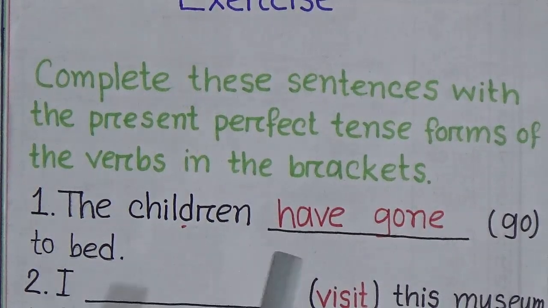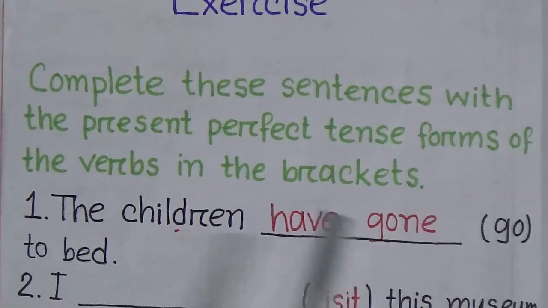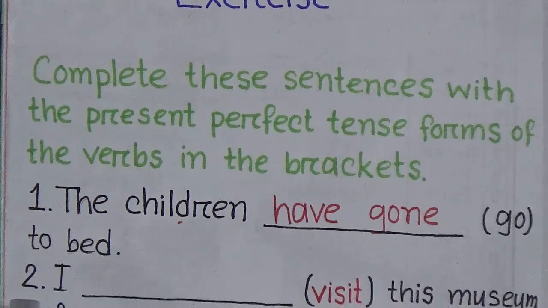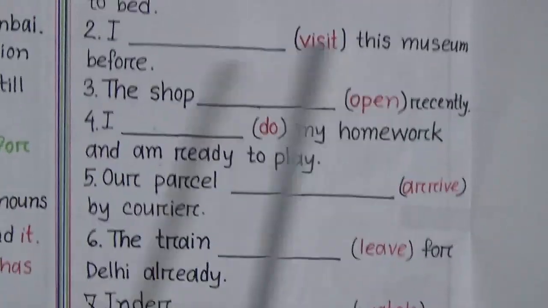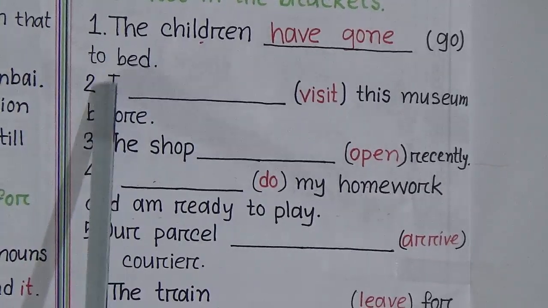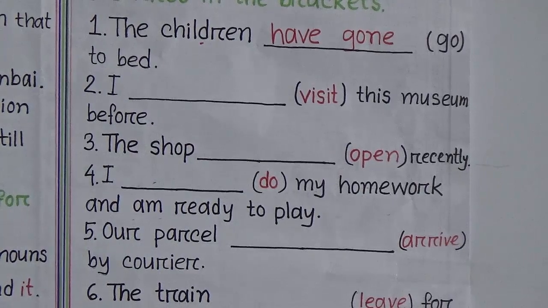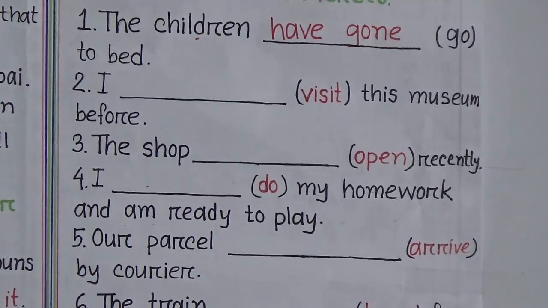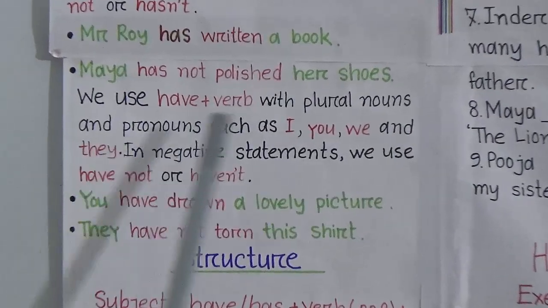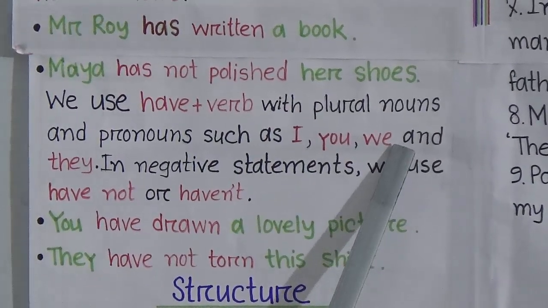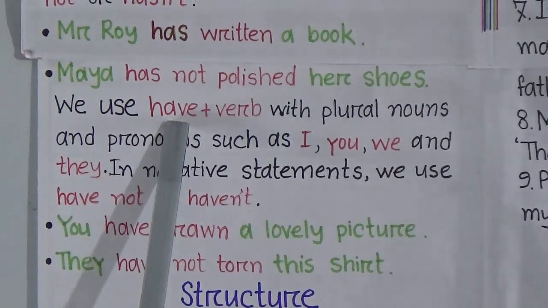Then the sentence will be, the children have gone to bed. Number 2, I dash in bracket visit this museum before. So with I in the rule we find, students come to the rule, look here, I, you, we and they. With this subject we have to use the verb have.